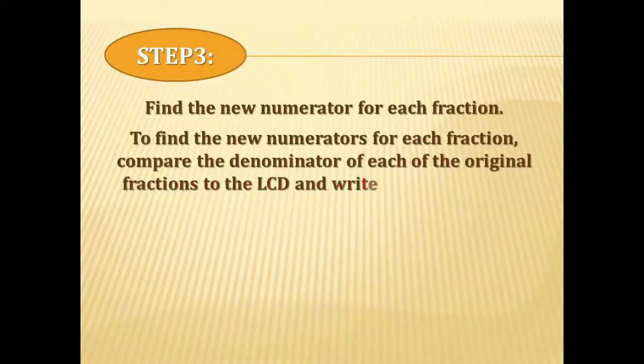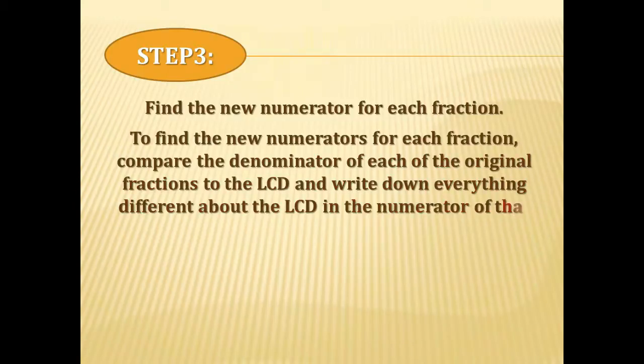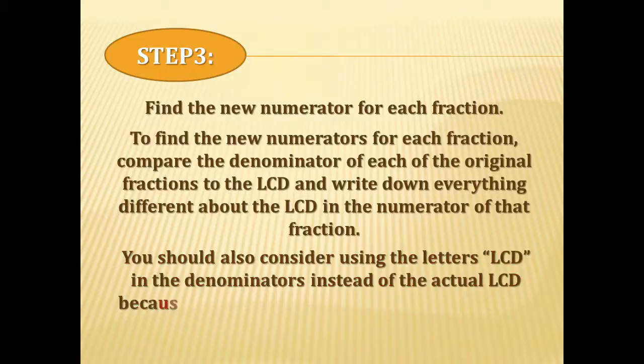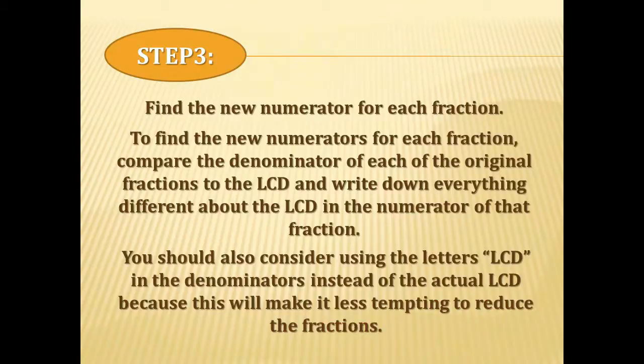To find the new numerators for each fraction, compare the denominators of each of the original fractions to the LCD and write down everything different about the LCD in the numerator of that fraction. You should also consider using the letters LCD in the denominators instead of the actual LCD because this will make it less tempting to reduce the fractions.